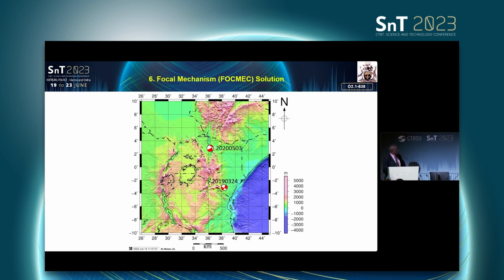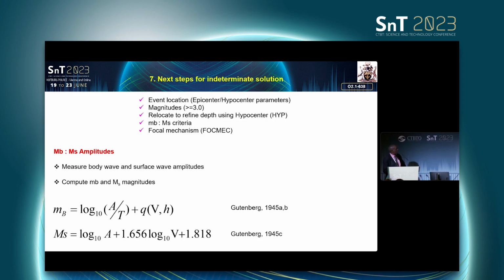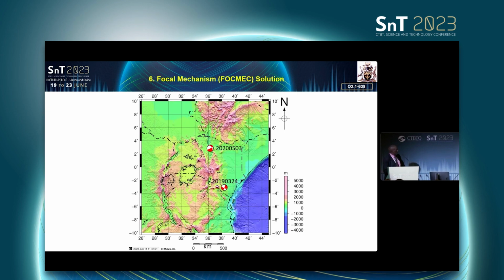But what we note is for the one in the northern part, that's a combination of strike-slip faulting and normal faulting. But in the southern part, we see more of strike-slip faulting. That's still puzzling to us, and we are doing more investigation on that. Next slide.